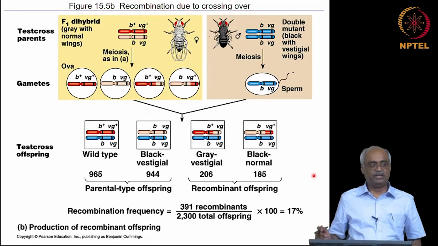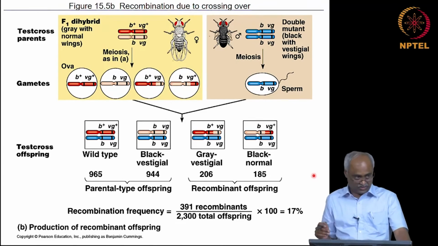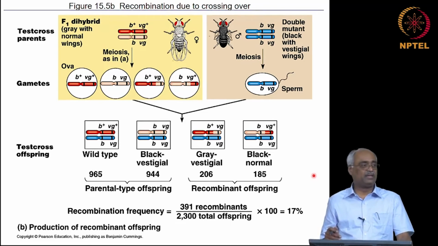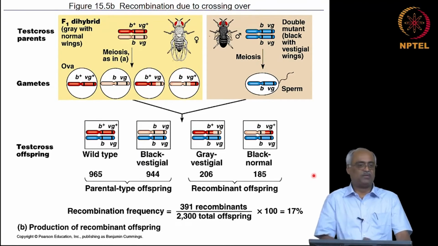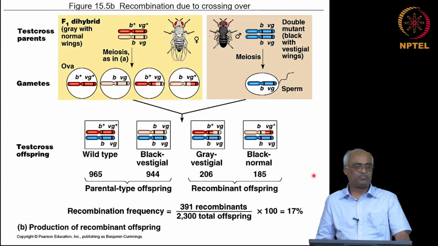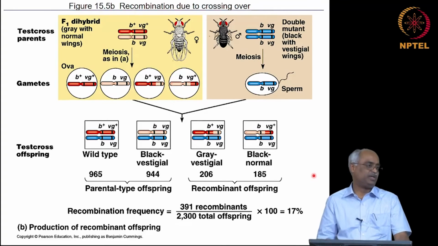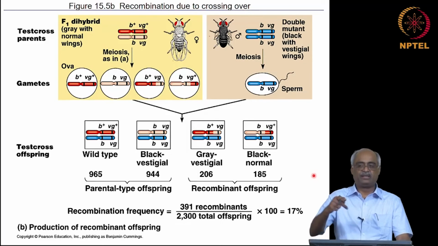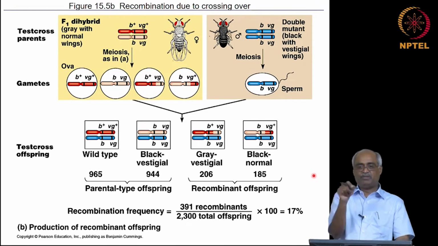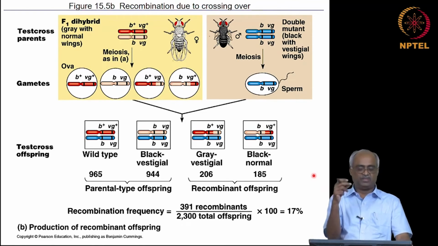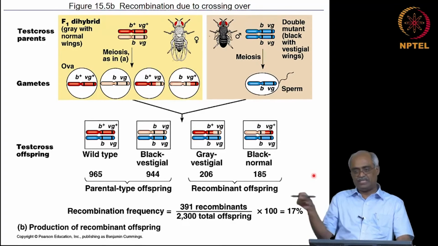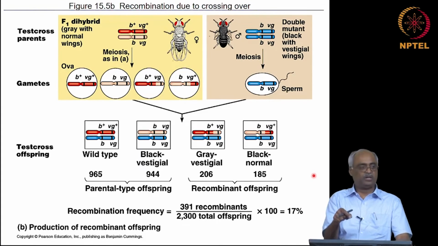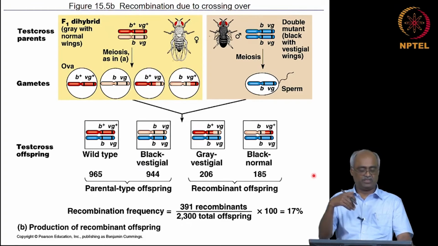So this way of determining the distance between the two genes is not exactly physical distance. Physical distance we measure by the number of DNA base pairs. This is based on frequency. The frequency is not always directly proportional to the physical length, because due to the chemical nature, the structural uniqueness of different sequences, you could have some parts of the chromosome where recombination more readily happens than in other loci.